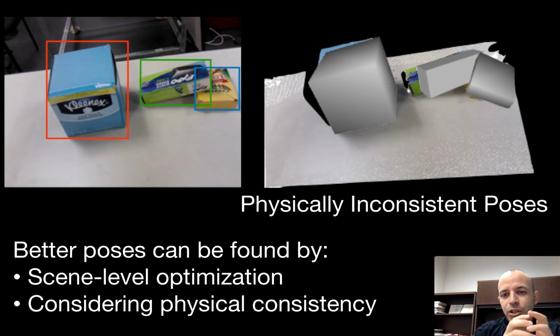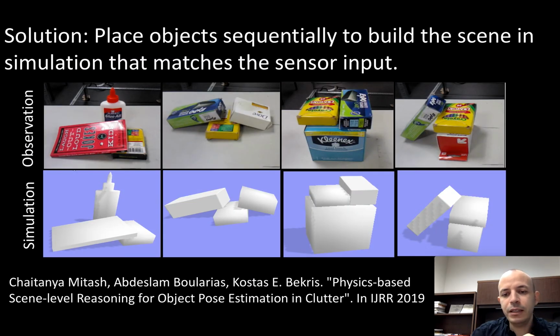You cannot reason about each object separately, because what makes a good pose for an object may not be a correct pose if you look at the object next to it. So I want to enforce that, and these are the results that you get if you add this physical reasoning. You're going to get much more accurate interpretations of scenes, and I will explain how to do this.